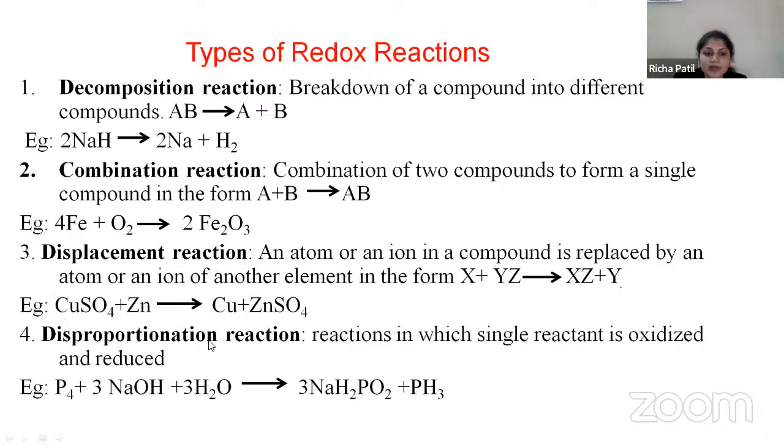Next is disproportionation reaction. Disproportionation reactions are reactions in which a single reactant is getting oxidized and reduced. So this is P4.